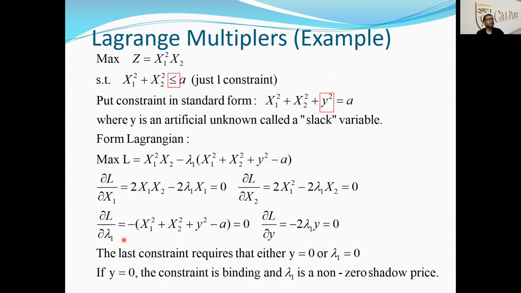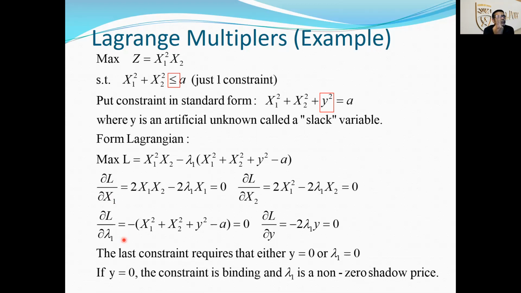Y, you don't even have to worry about, because if y is equal to 0, then your constraint becomes binding, because otherwise that last constraint required either y to be 0 or lambda 1 to be 0. So that last constraint is not really helpful. The 3 of them are what you're really concerned about, the top 3 constraints.